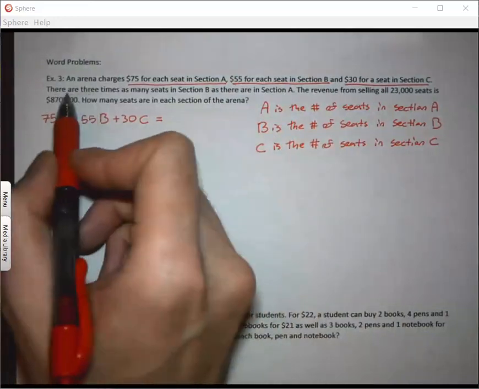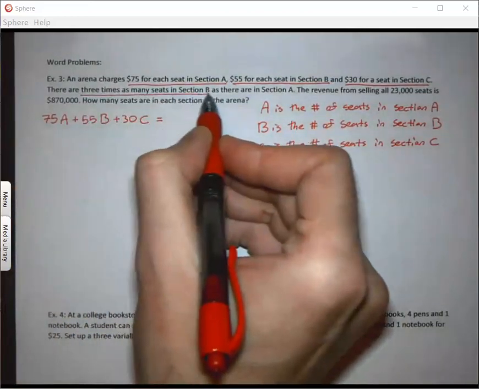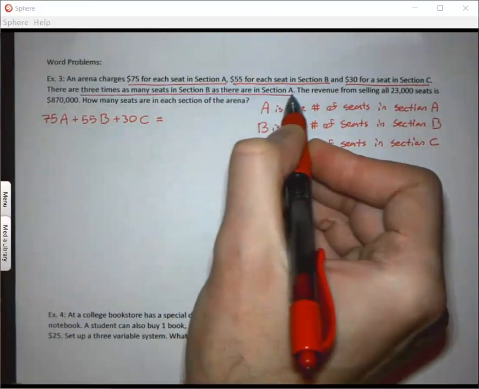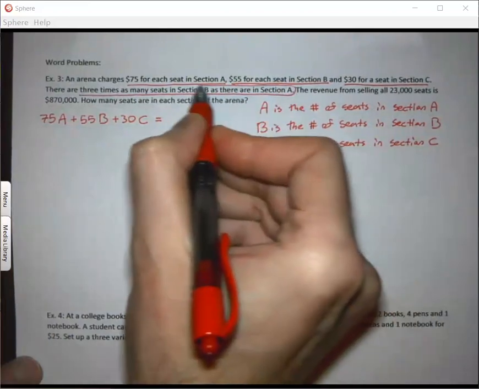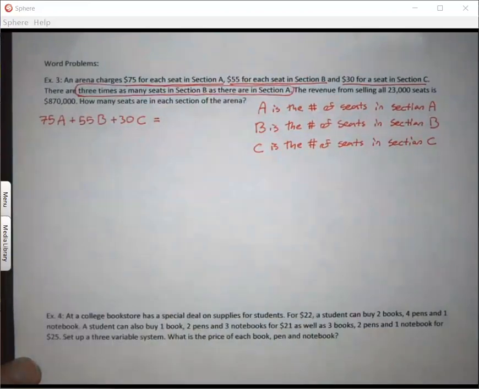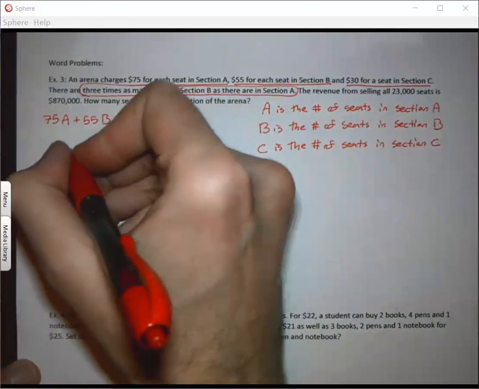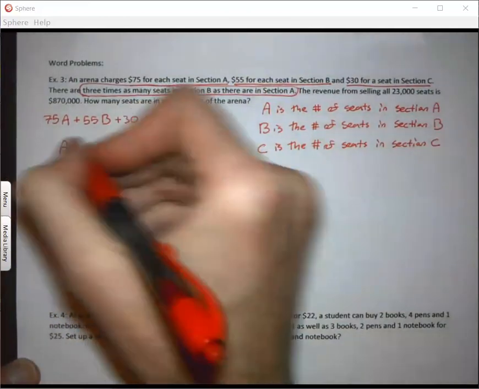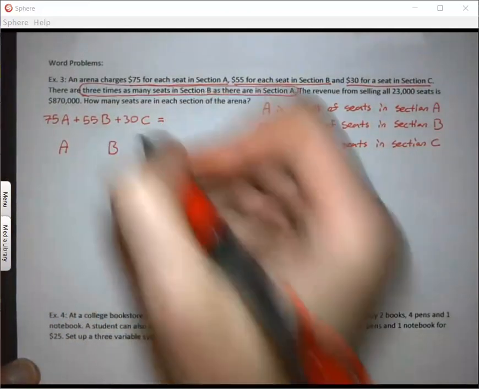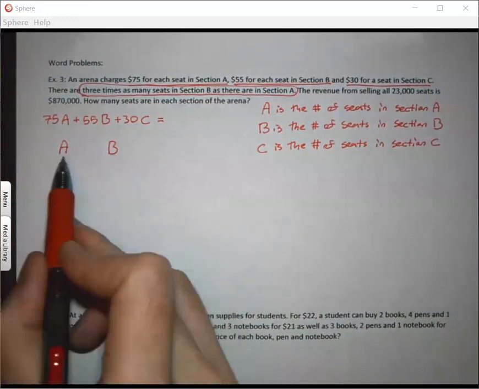Next sentence says there are 3 times as many seats in section B as there are in section A. So this gives us a relationship for A and B. Now our goal is to make an equation. So we want to make these equal, but right now they're not.